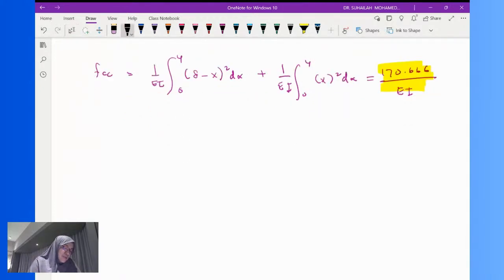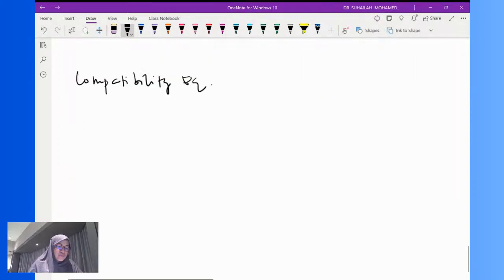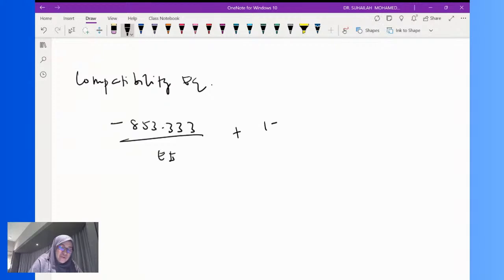So for the compatibility equation, we substitute negative 853.333 over EI plus 170.666 over EI times CY, equal to 0.